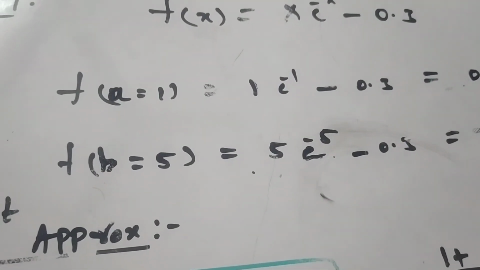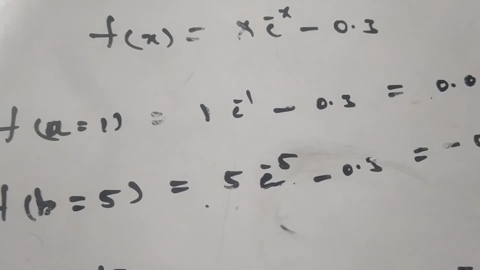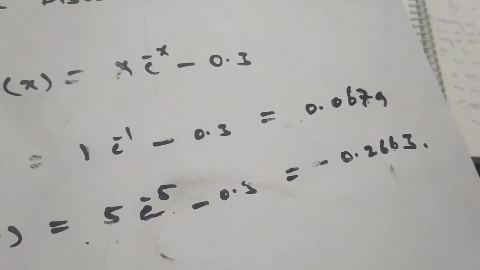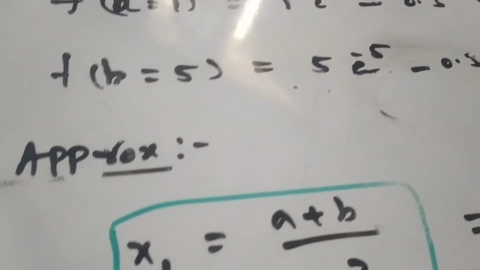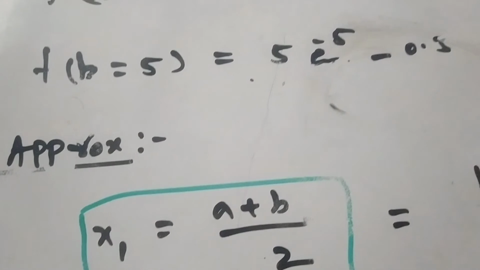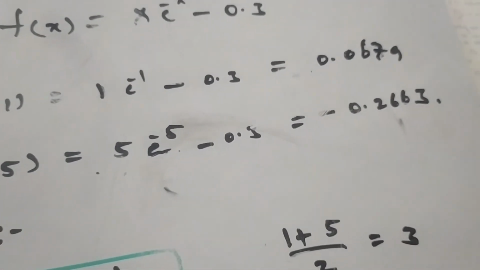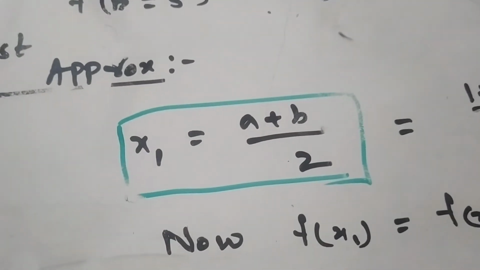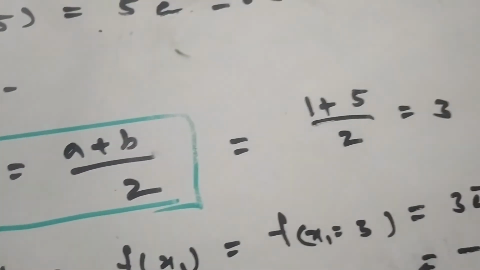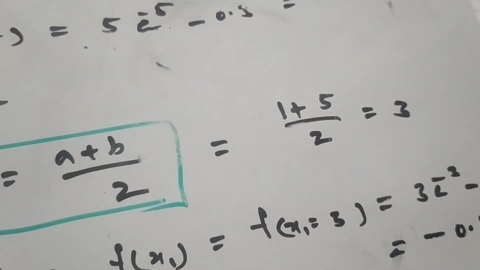Next, f of b equals 5 into e power of minus 5 minus 0.3, which gives minus 0.0663. Because a gives positive and b gives negative, they have opposite signs. Then x1 equals a plus b by 2, that equals 1 plus 5 divided by 2, which is 3.